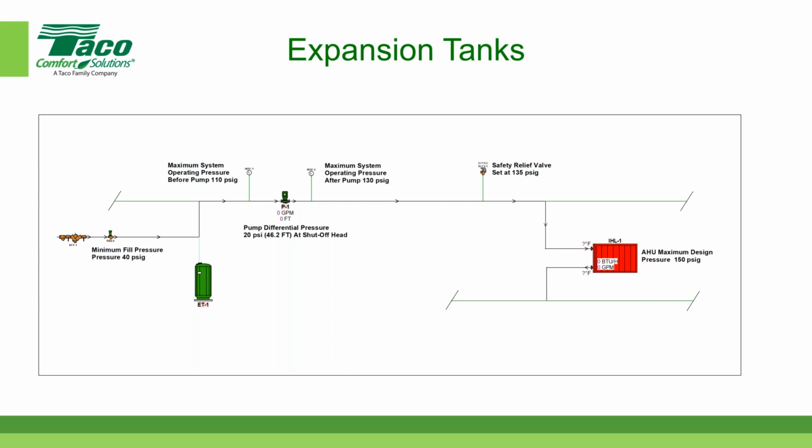But you could have a shell and tube heat exchanger, for example, where steam is being fed to the shell side and the water side, in this case the hydronic side. There would be a relief valve on the water side to prevent the water from developing too much pressure. So it's system dependent. In my case, I'm showing it after the pump, but in some cases, it might be connected to the boiler or some other piece of equipment.